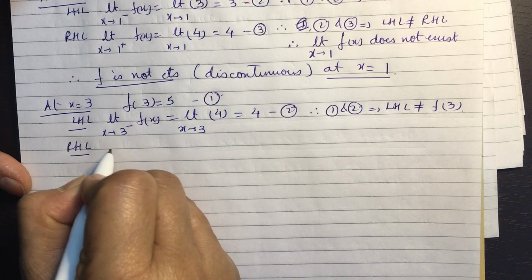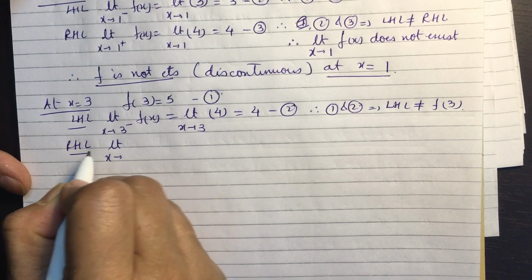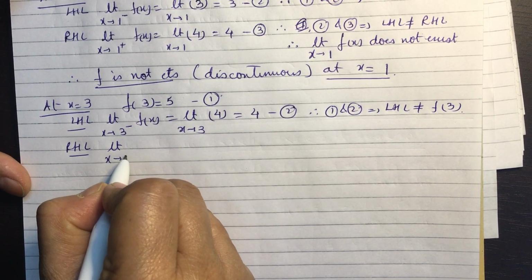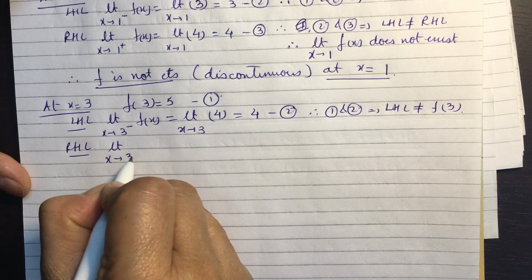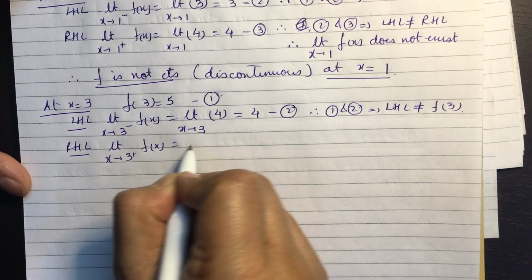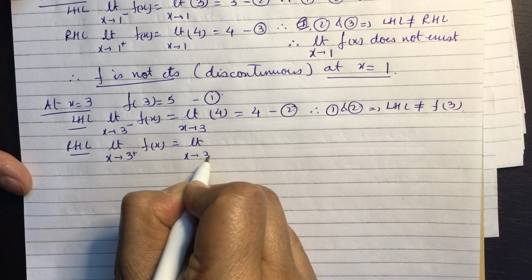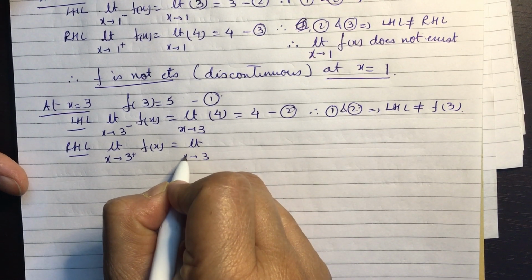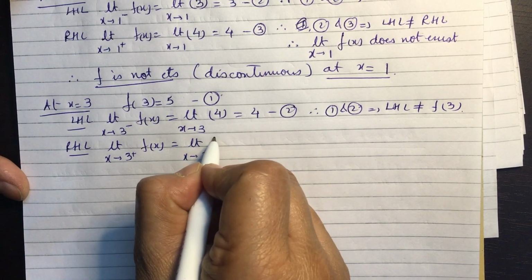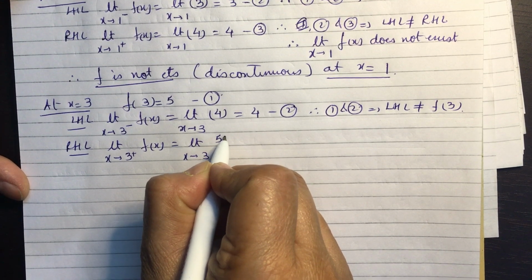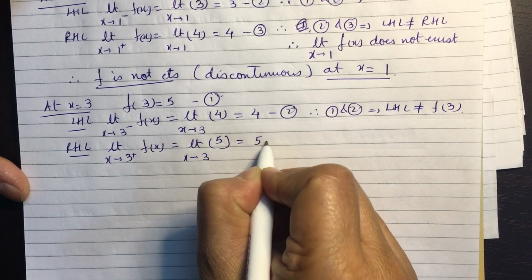Right hand limit x tending to 3 positive, limit x tending to 3. The definition on the right side of 3 is 5, which is equal to 5.